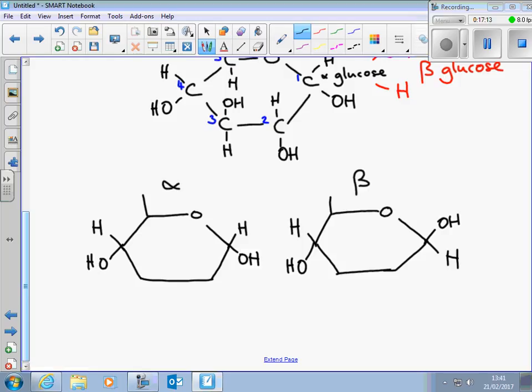They're both hexagons. But you've got a difference on carbon 1 and carbon 4 with galactose. So it's curious, isn't it? There's very little difference between them, but it makes it a completely different sugar. And in fact, galactose and the beta glucose are even more similar, but you've only got to switch those around. You've got a different sugar. You've got galactose.